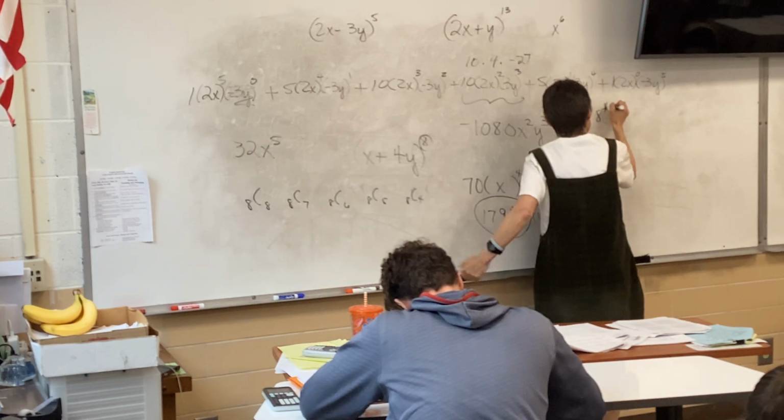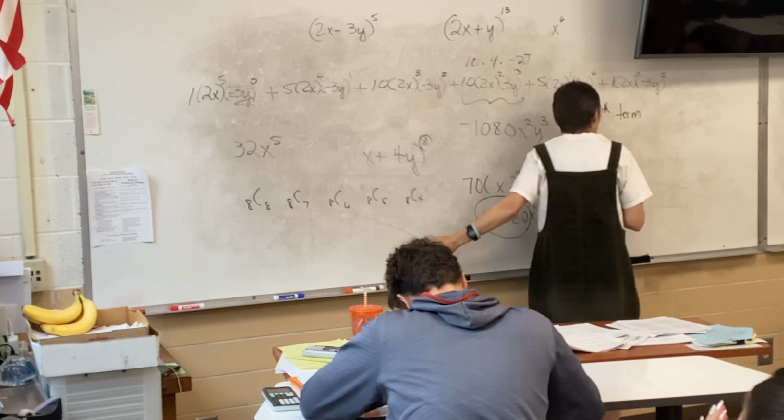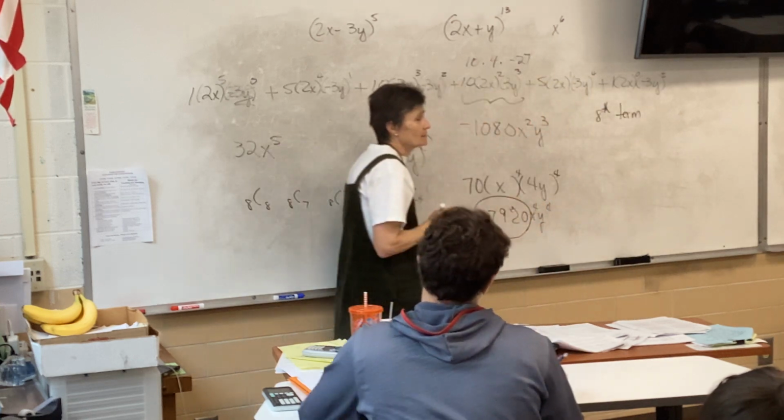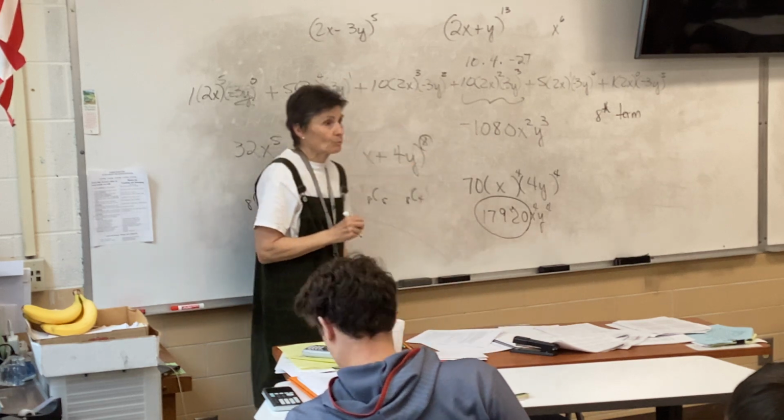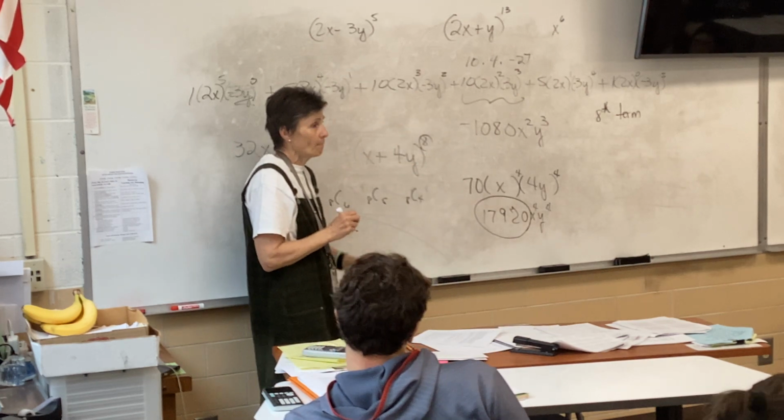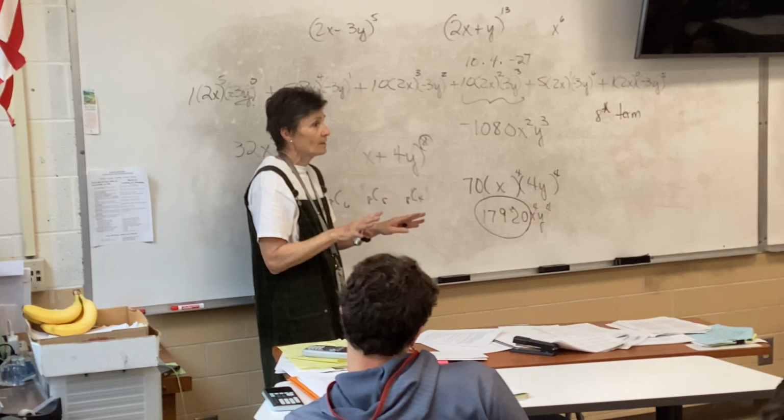Alright, so it's just like this one right here. What's the coefficient going to be if I am in the 13th row and I want the 8th number? Well, I just counted it off.